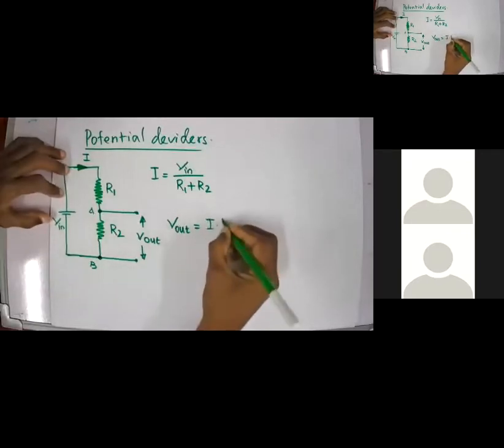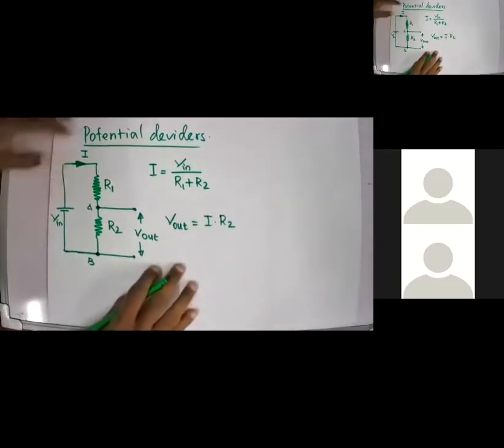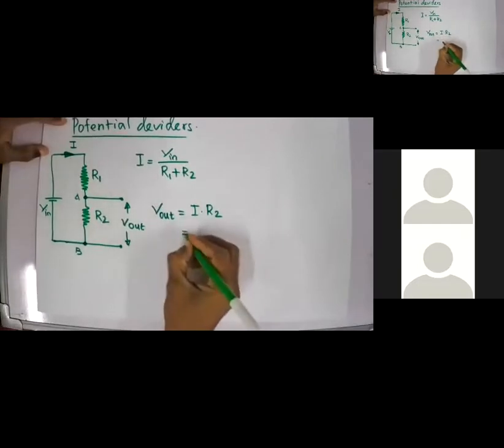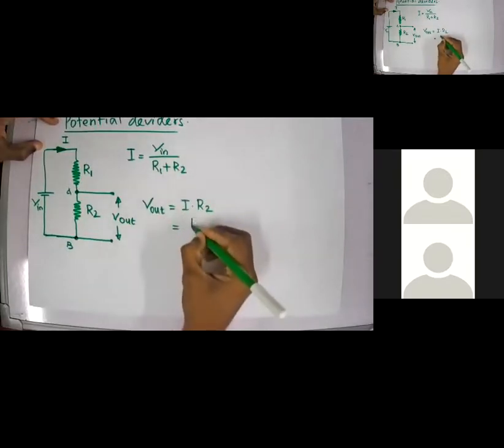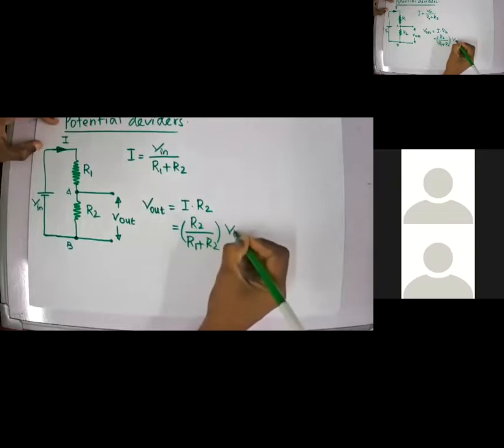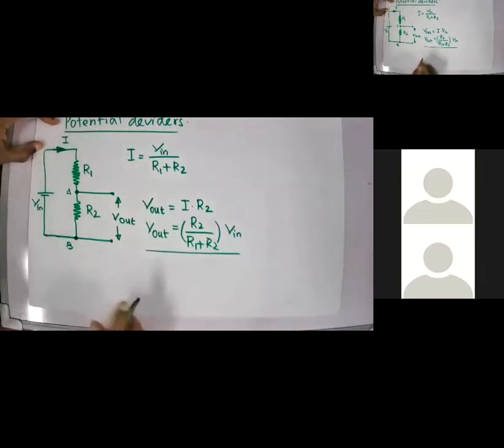I can substitute the value of I, so I can write it as R2 divided by R1 plus R2, times V in. So this will be my V out.